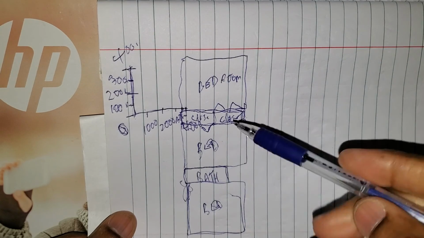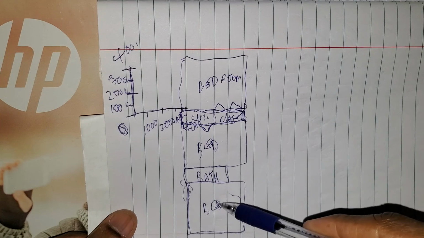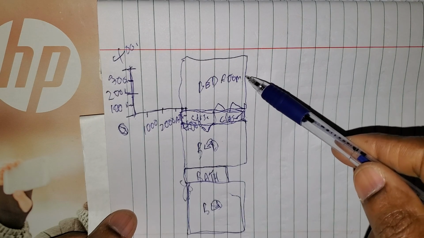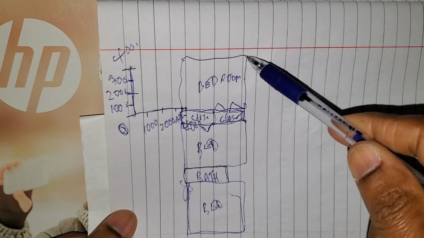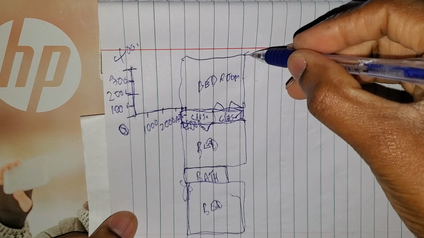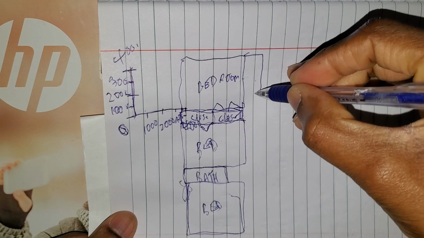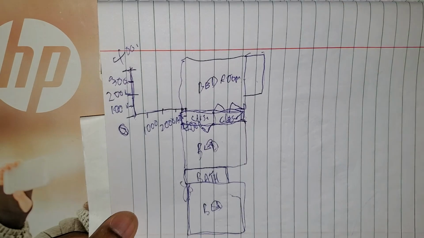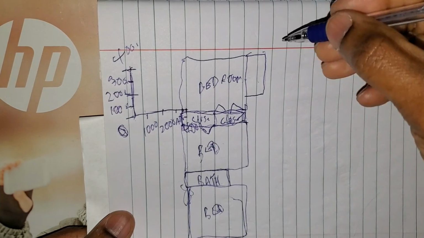Now I would want a bathroom for this. This is a common bathroom. I would probably want another bathroom here. So I would let this be 1500 by 2400. That is the standard dimension for a bathroom.